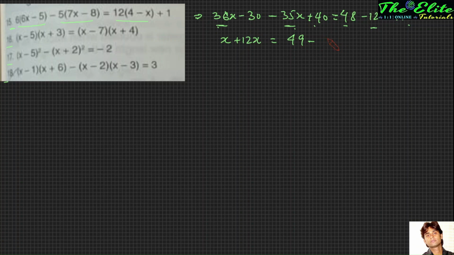So when it is transposed there, it will be minus 10. Understand? So 13x is nothing but 39. So x is 39 divided by 13, that is 3. How easily and fast you can do it.